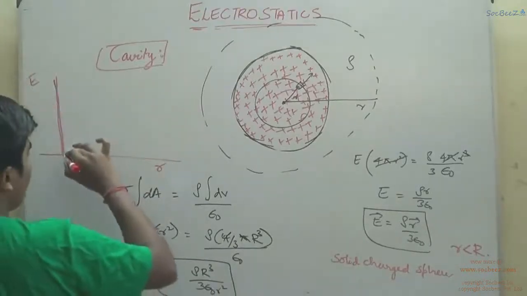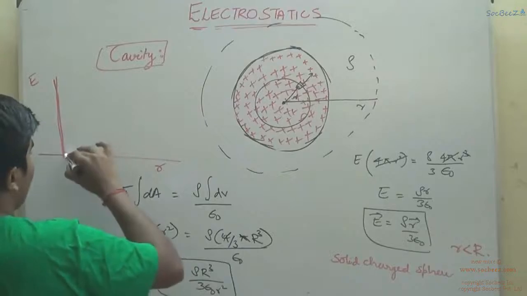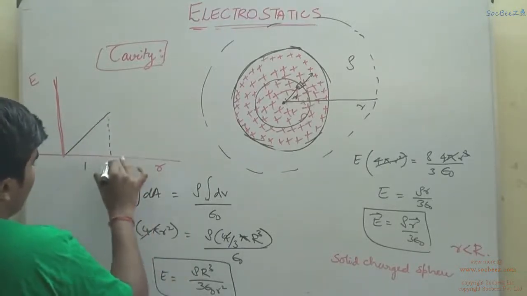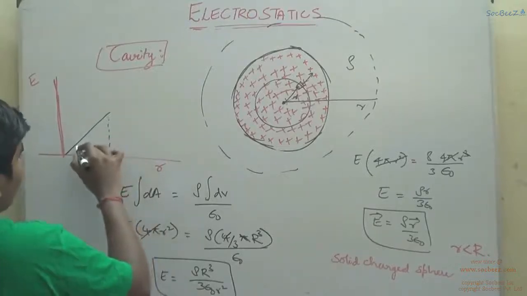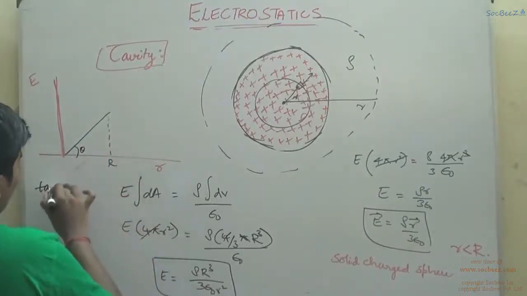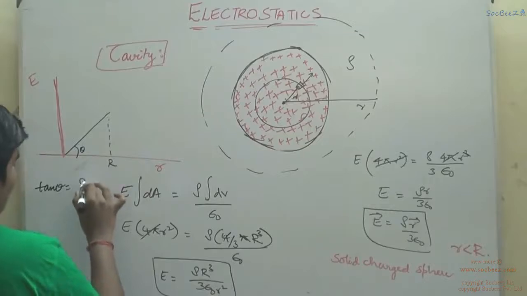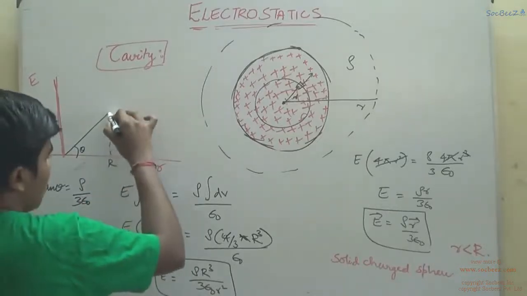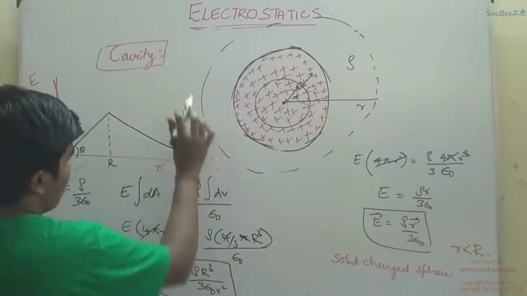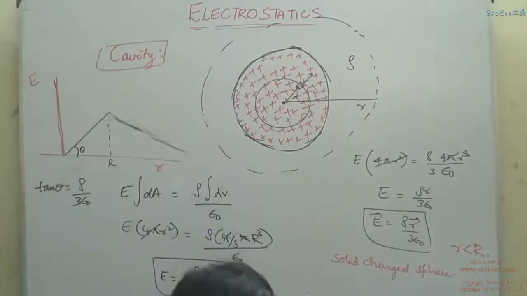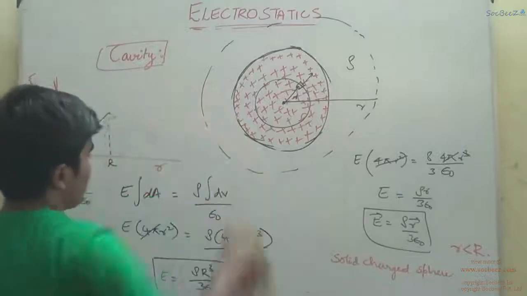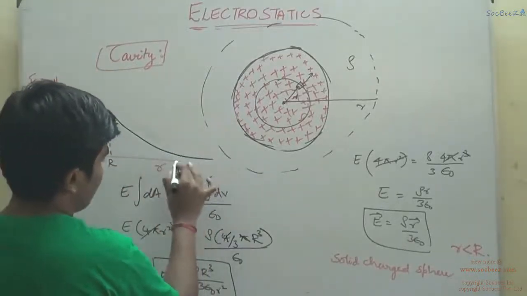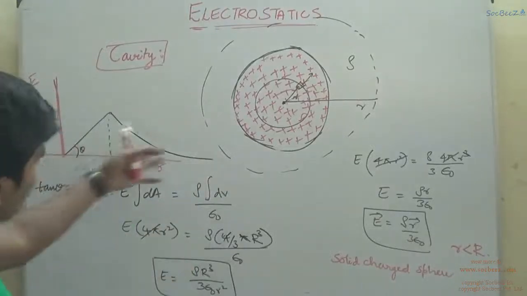See, till r equal to capital R, it is a straight line of slope rho by 3 epsilon naught, and after that it falls off. Okay, so this is the graph.